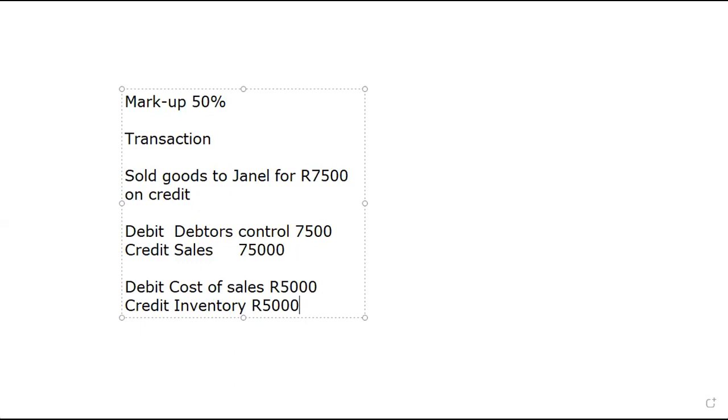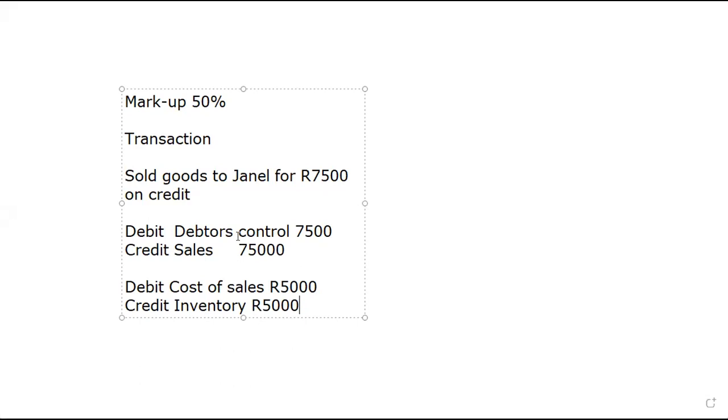So students, if the business uses the perpetual inventory system, number one, you should expect a markup. If a markup is not given, then the transaction would give you the cost price and the selling price. Where do I record the cost price and the selling price?